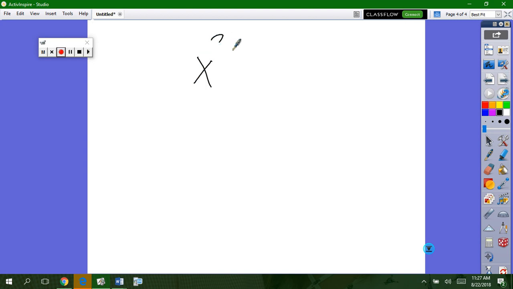So what fills the blank? What is 13 squared? So once again, we cut him in half, right? Half of 26 is negative 13. Negative 13 squared is 169.